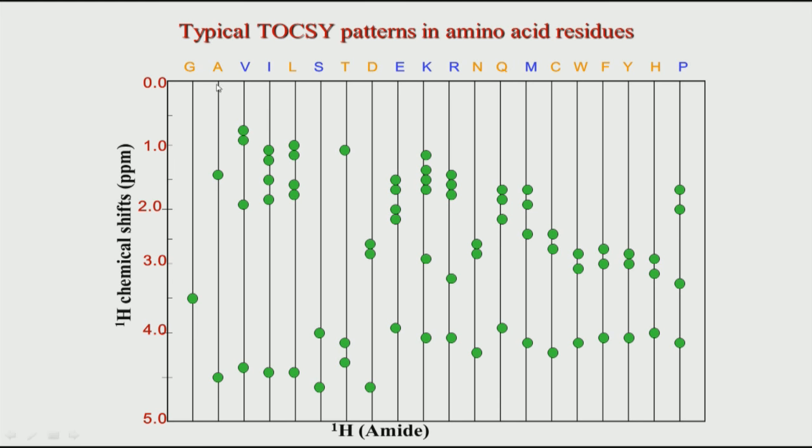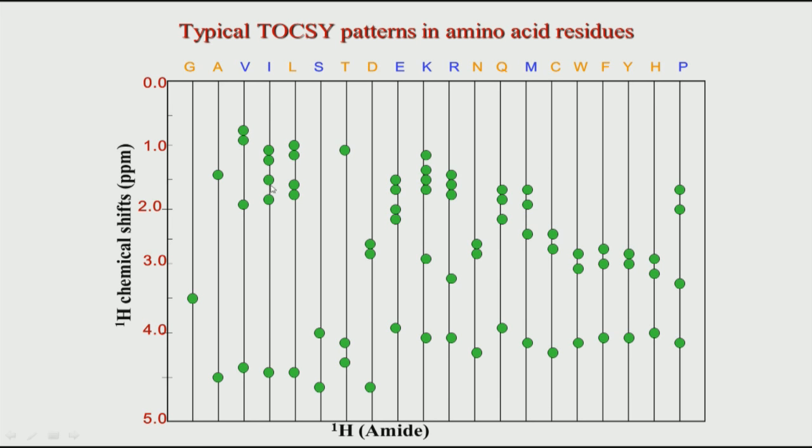Then comes alanine, which is what we have been seeing. There is an alpha proton around 4 to 4.5, or sometimes 3.5, and a beta carbon proton which is much further up and comes around 1.2 to 1.5. Then comes valine. Valine, as we just saw, has alpha, beta, gamma 1 and gamma 2, and that has a pattern like this.